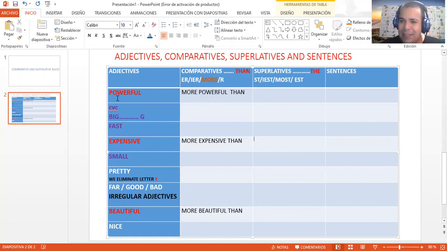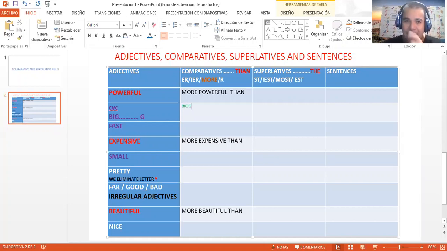CVC stands for letter B, consonant, letter I, vowel, and letter G, consonant. So when we have this rule, we're gonna double the last letter. So we're gonna write here big. And because we have consonant, vowel, consonant, we're gonna double the last letter, which is letter G.